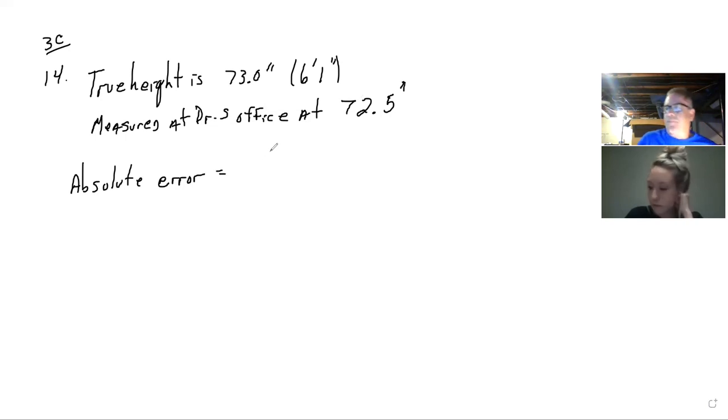Now your absolute error is simply going to be your measured value minus your true value. 72.5 was your measured value minus your true height, which is 73 inches.